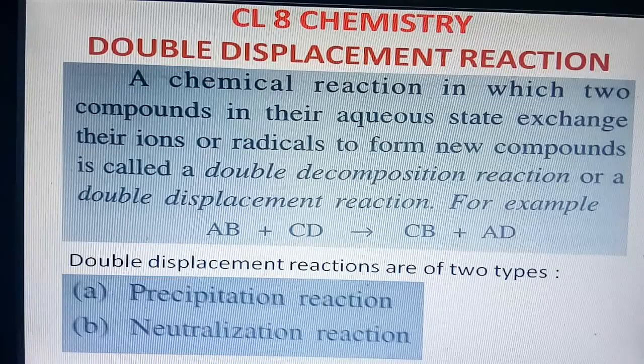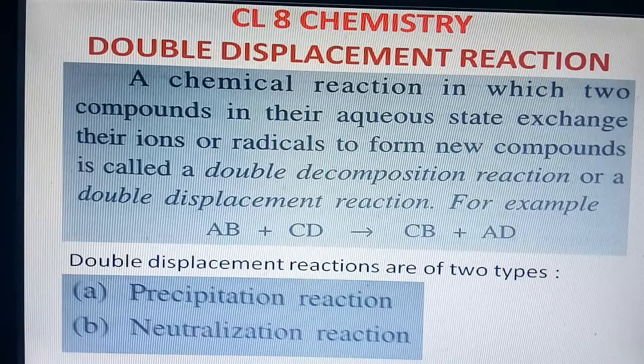Then in displacement reaction, again, two reactants and two products, but in displacement reaction one of the reactants has to be an element on the reactant side, and on the product side also one of the products has to be an element only.